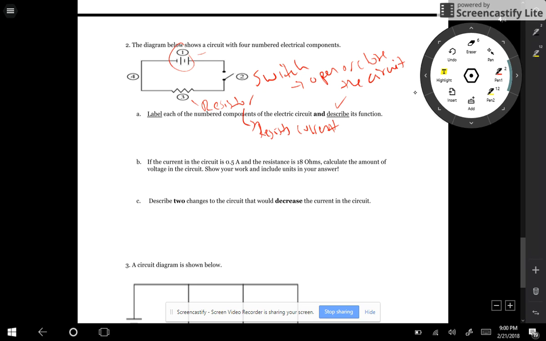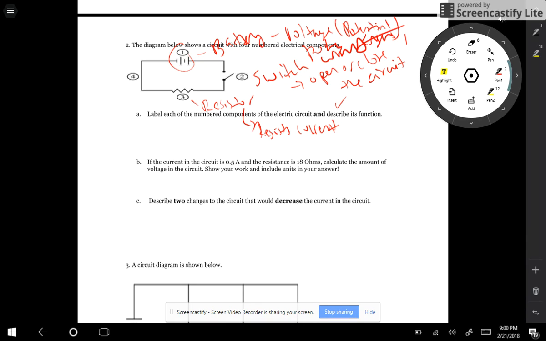Number 1, what's that? That's our battery symbol. What's a battery? Well, a battery provides the voltage, or if you prefer, a potential difference, kind of like our potential energy here, that basically pushes our current. Voltage pushes the current through. Sorry about the messy writing, but you hear what I'm saying. You get the gist here.